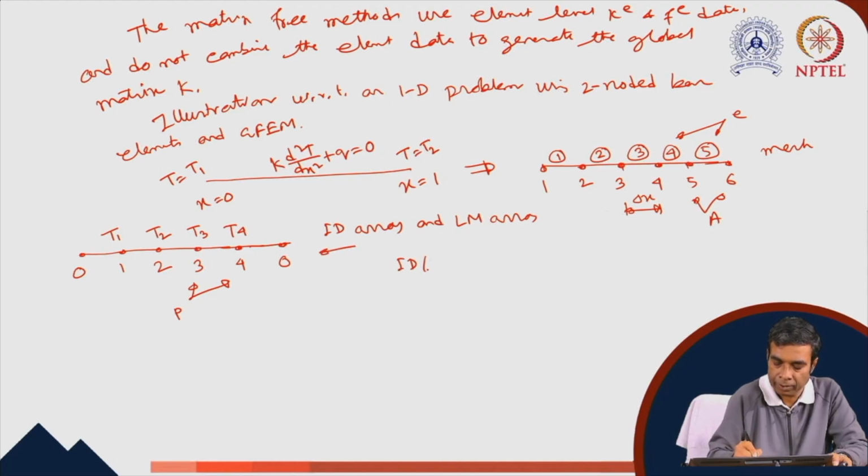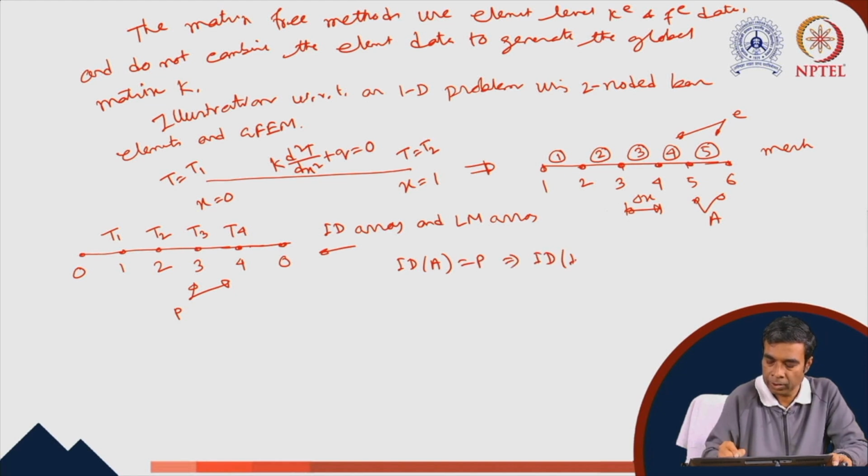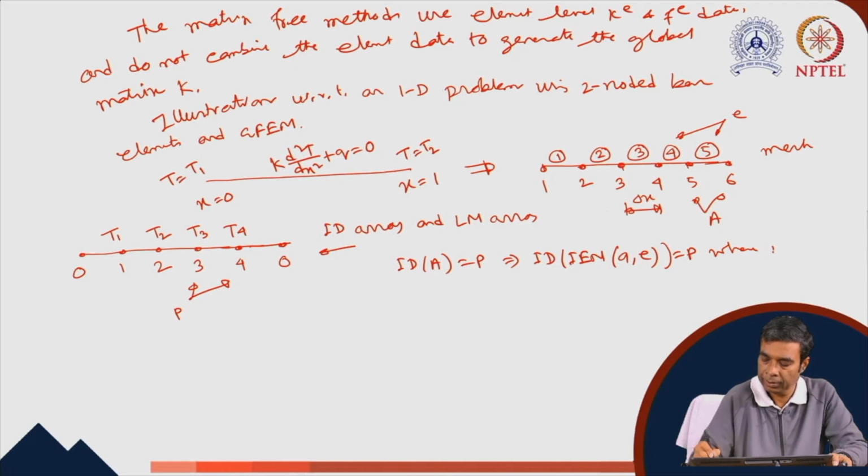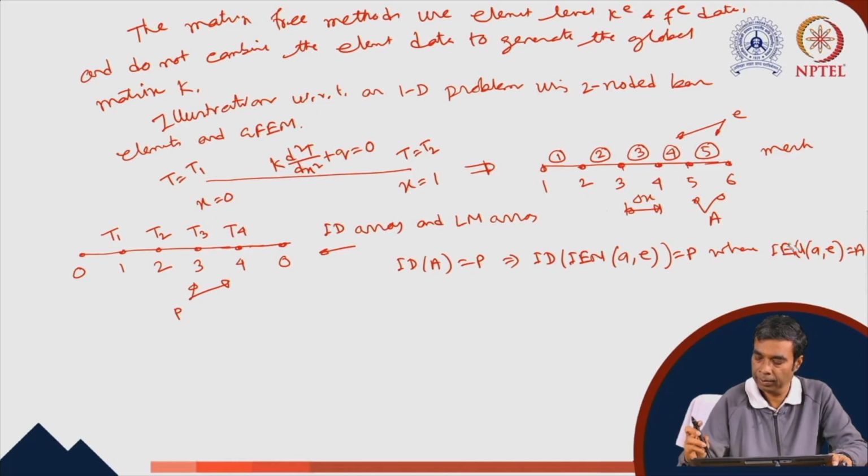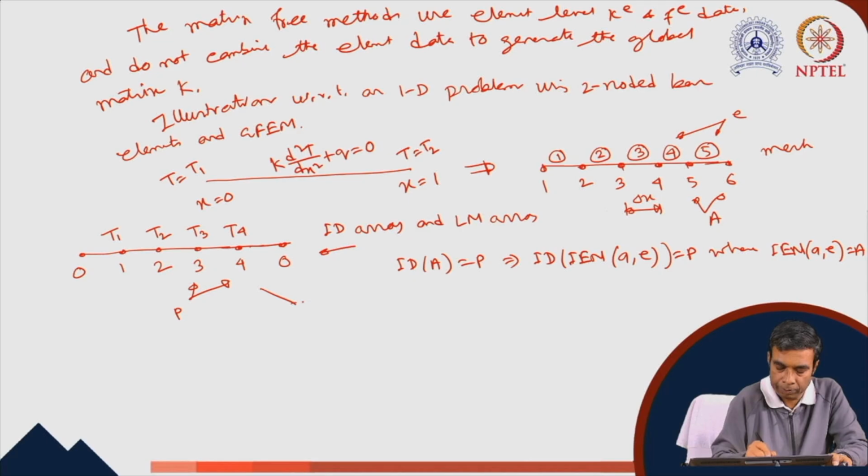So ID of A equals P. This gives us ID of IEN(A,E) equals P, where IEN(A,E) equals capital A. We have E varying from 1 to 5, A is varying from 1 to 2.